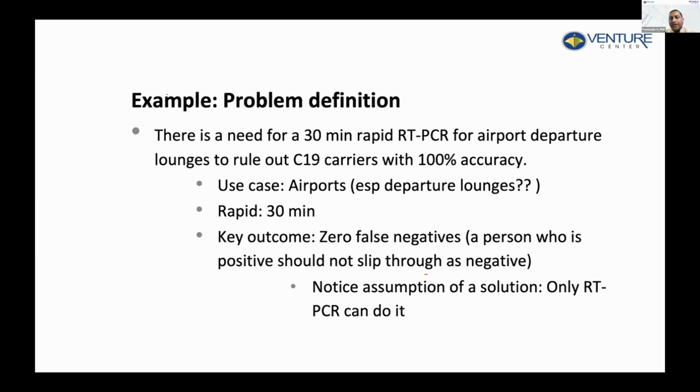I'm calling it, there's a need for a 30-minute rapid RT-PCR for airport departure lounges to rule out COVID-19 carriers with 100% accuracy. So what did I do here? I focused it on RT-PCR. Once I say RT-PCR, with this 100% accuracy claim, people may be willing to buy.